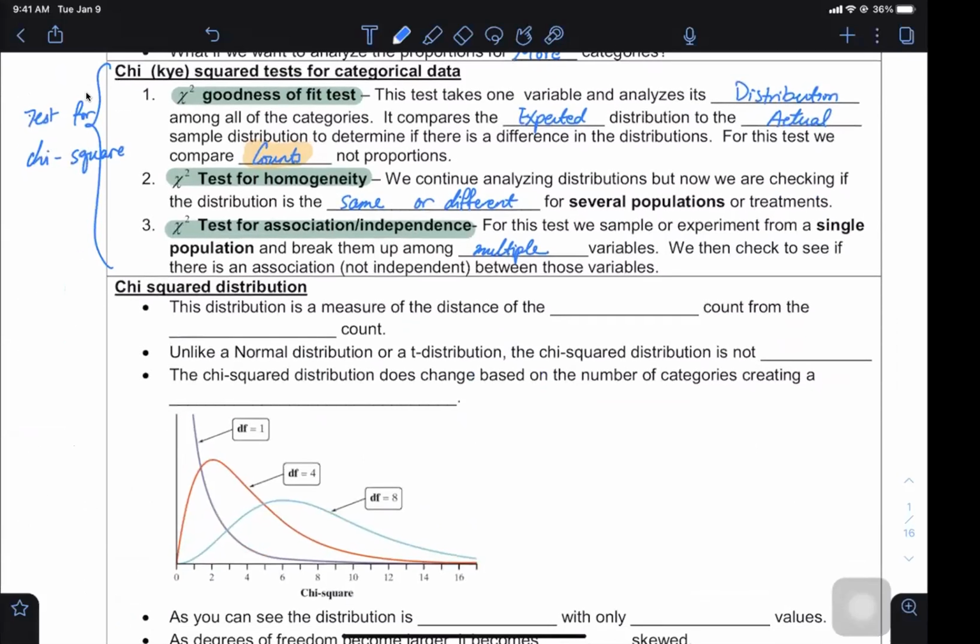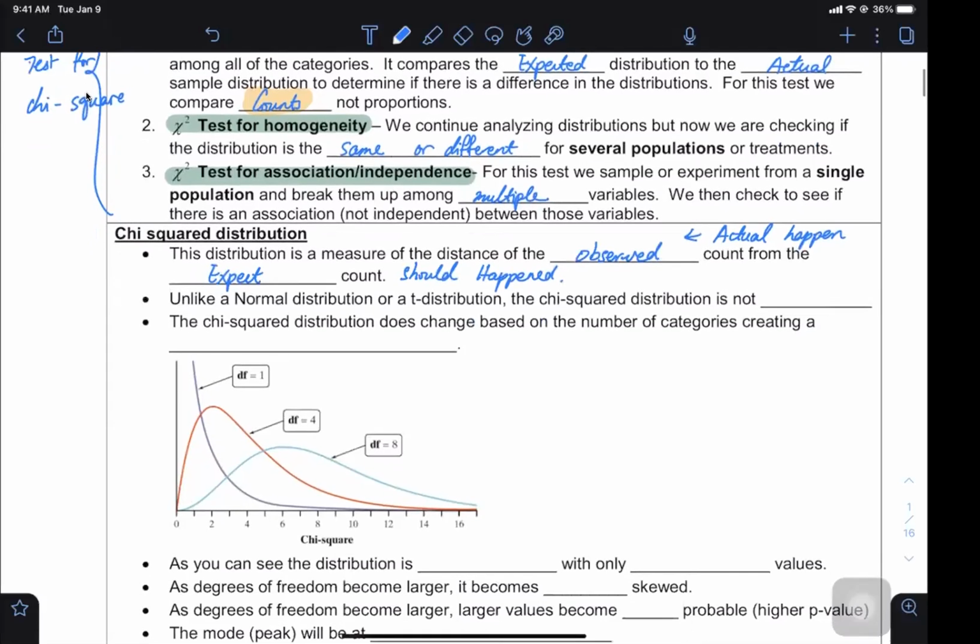Now the chi-square distribution. Let's first introduce what a chi-square distribution means. The chi-square distribution measures the distance of the observed counts, the ones that actually happened, from the expected counts, the ones that should happen. In that case, we can compare the two distributions and see if they have the same distribution or not.